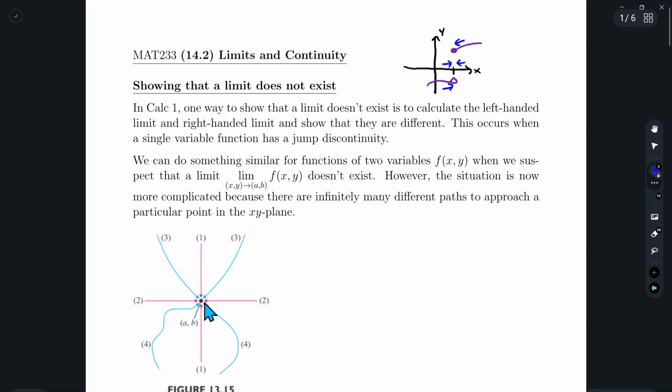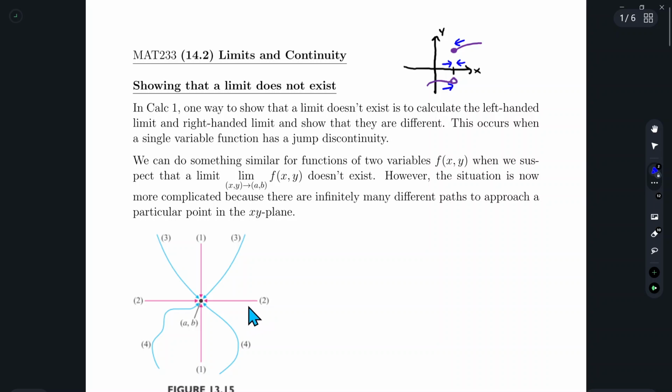When we approach, we have to take a path along some curve approaching the specific point that we're looking at, in this case denoted (a, b). So when you take the limit approaching (a, b), you have to imagine taking all different kinds of paths to approach the point, and there are infinitely many different ways to do that.